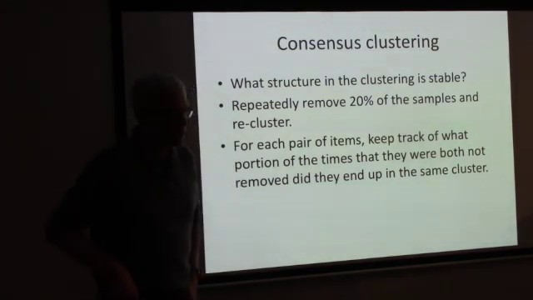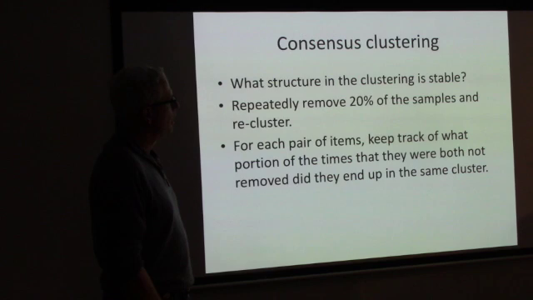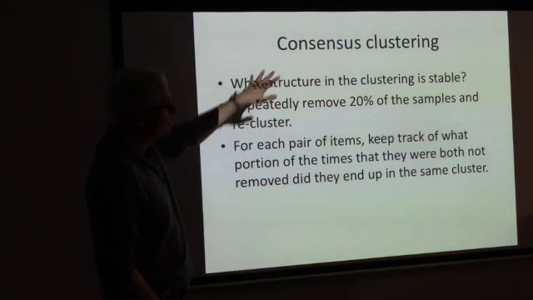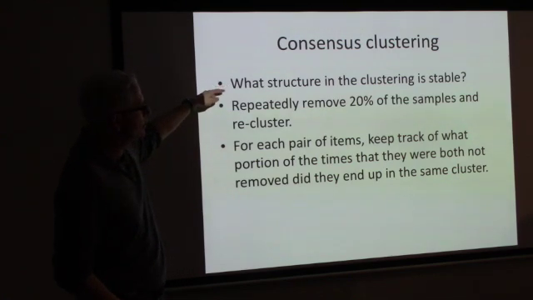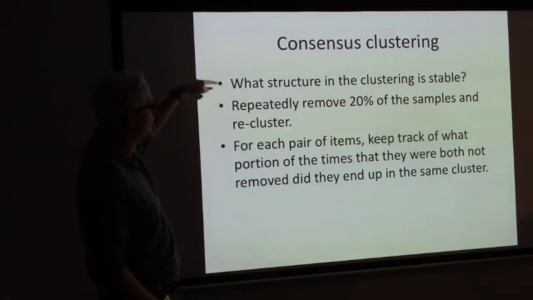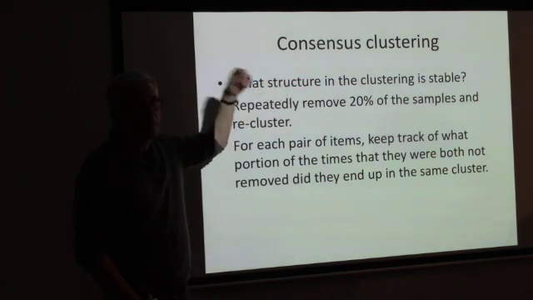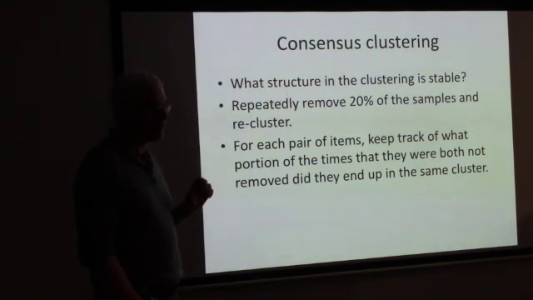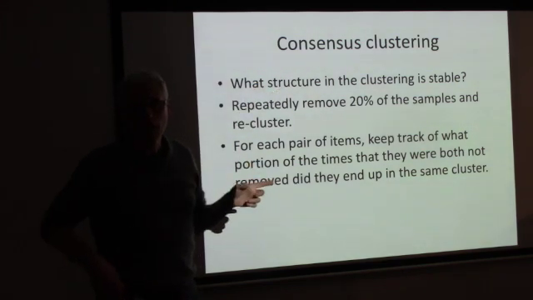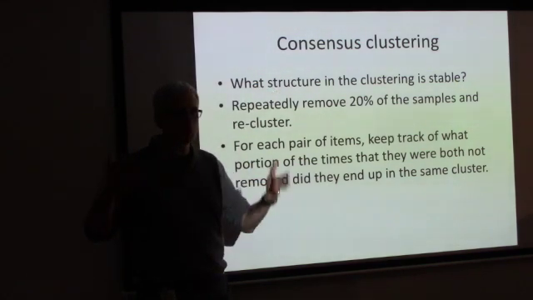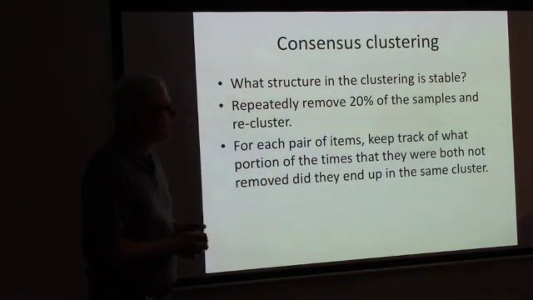So now I'm going to move on to another topic, which is consensus clustering. What I've said here is that consensus clustering is trying to answer the question, what structure in the clustering is stable? And in fact, it's somewhat reminiscent of what I just said, where I cluster it two different ways and make sure what I'm seeing is in both ways, then I'll believe it.